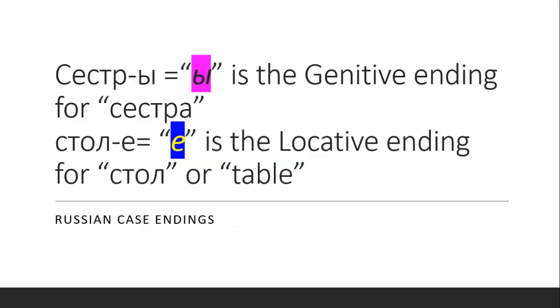Again, sestre, the ending is for the genitive. It changed from sestra to sestre. Stole, the e in stole, on the table, is in locative. Table is stol usually, but because it's on the table, location, you add an e. So that's how it works.